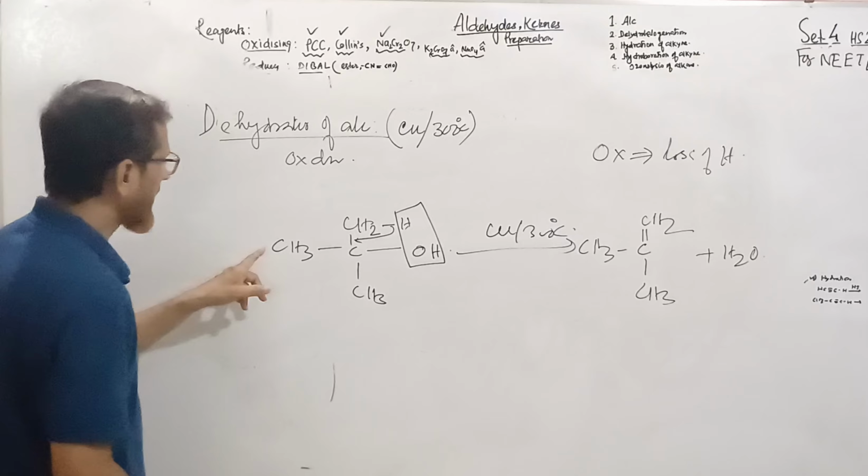And if you talk about the structure of DIBAL, in short, the structure is diisobutyl aluminium hydride. This is simple information you need to know before starting, and this is full of tricks.